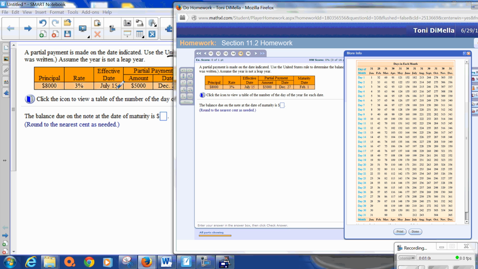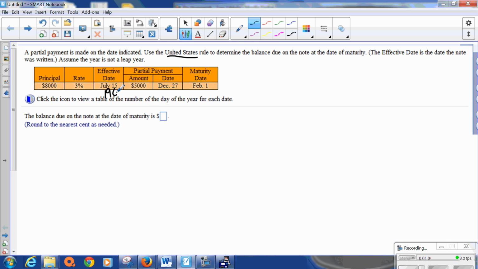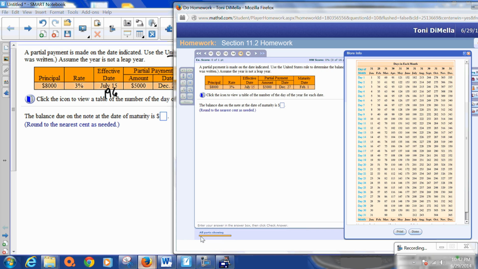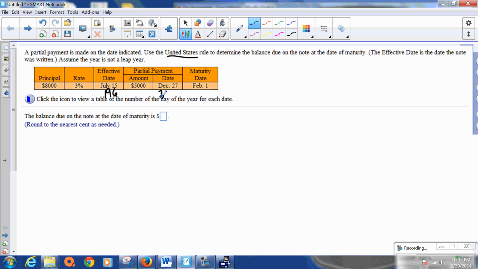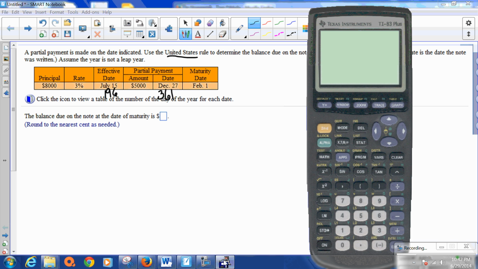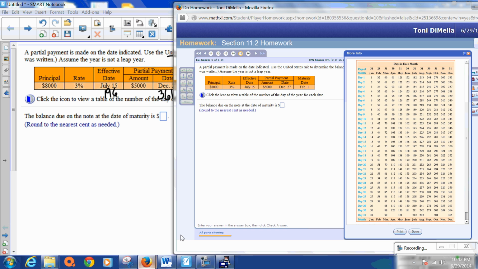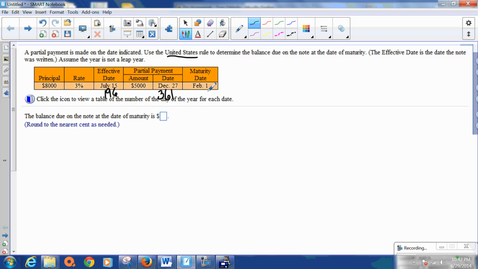We took the loan out on July 15th, so I go to July, down to 15, that's the 196th day. Then I went in on December 27th to make a payment, and that is the 361st day. And then a little sneaky one is February 1, which is the 32nd day. We'll deal with that when the time comes.